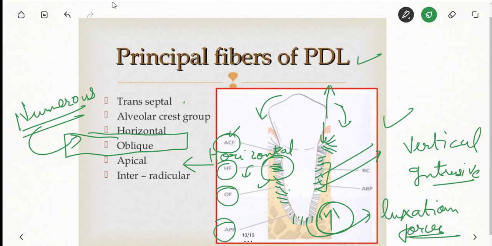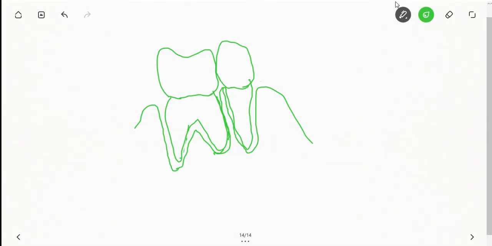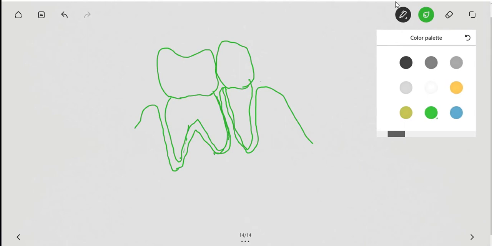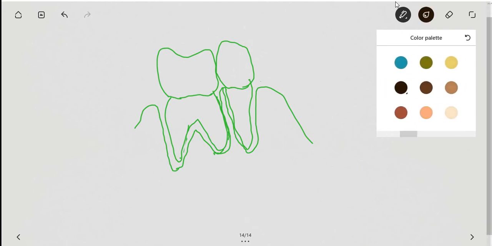They will prevent the tipping movement and protect the blood vessels, lymph and nerves. The interradicular fibers originate from the furcation area of the multi-rooted tooth to the crest of the interradicular septum. These fibers will be exposed when the furcation area is exposed.